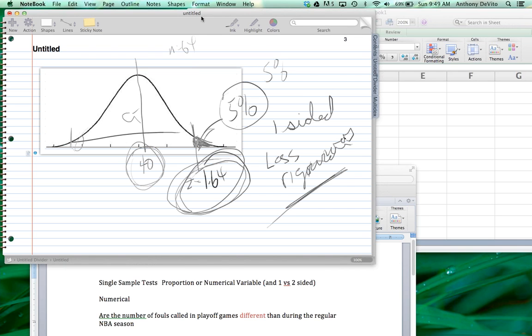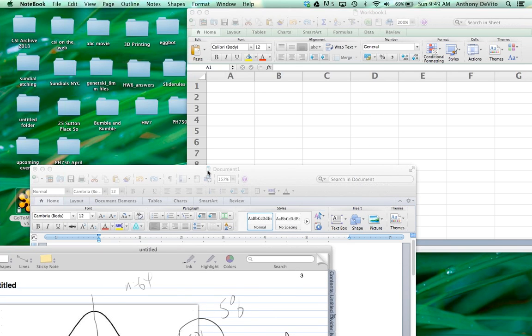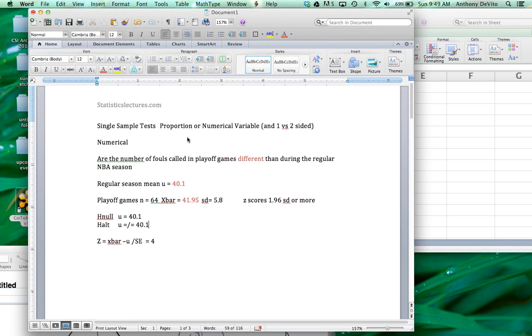Okay, so let's go back to our example and see what we got. We got these various values. We're going to say that x bar minus mu over standard error is equal to 41.95 minus 40 over the standard error.